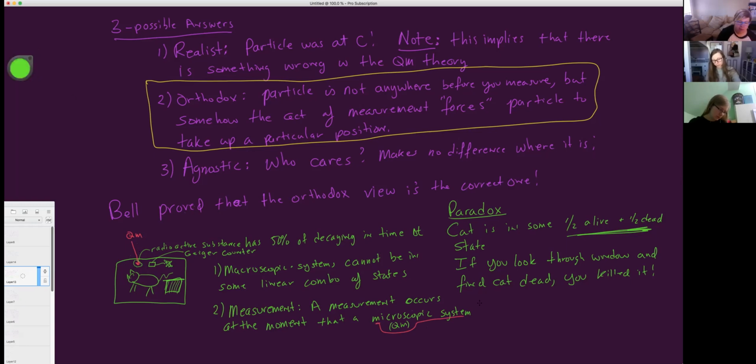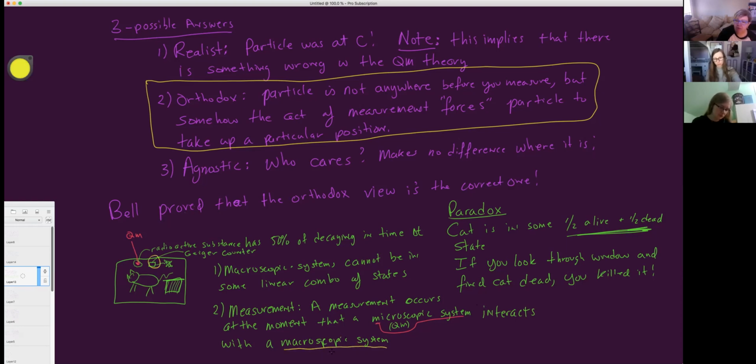So a measurement occurs at the moment that a microscopic system interacts with a macroscopic system, and in that case that is the Geiger counter.